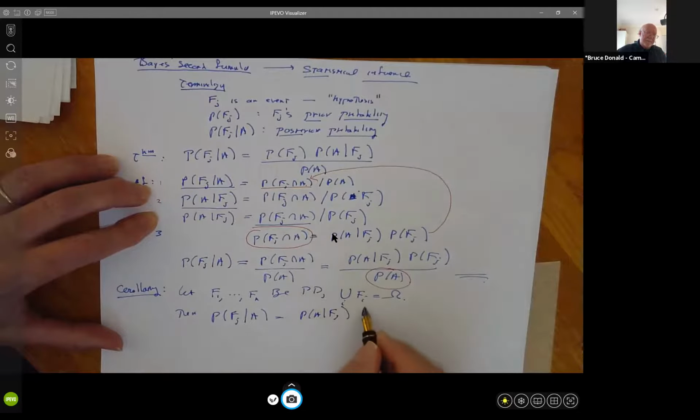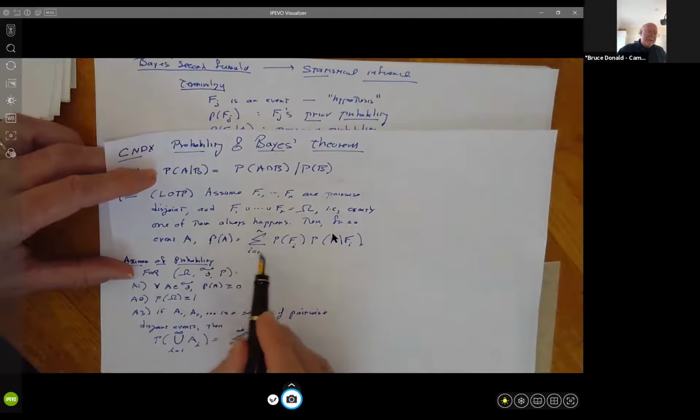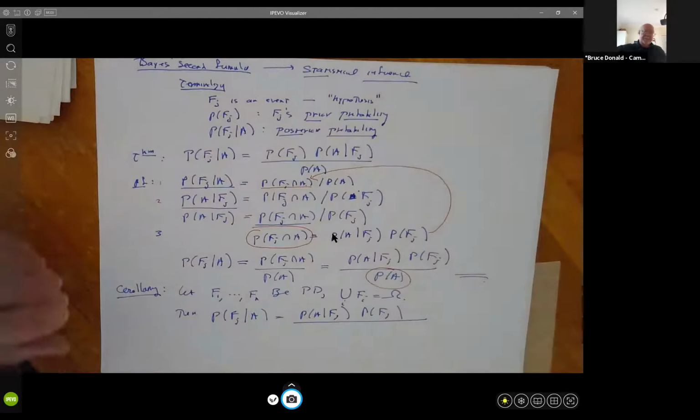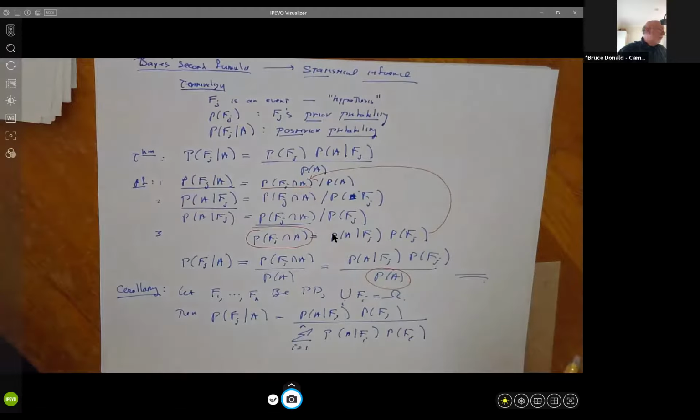And now the only thing I'm doing here is taking the A and expanding it using the law of total probability. So I have a probability of A in the denominator, and I'm just expanding it out like this. Here we have the sum for i equals 1 to n of the probability of A given Fi times the probability of Fi. And this is going to make it substantially easier to calculate.